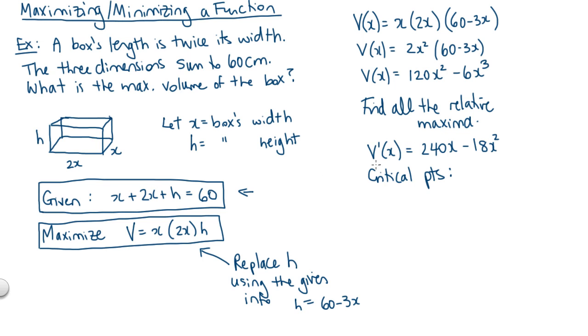Now, thinking back to curve sketching, remember we said critical points are places where the derivative is either equal to 0 or undefined. And when we're dealing with polynomials, remember our derivative here is never going to be undefined.